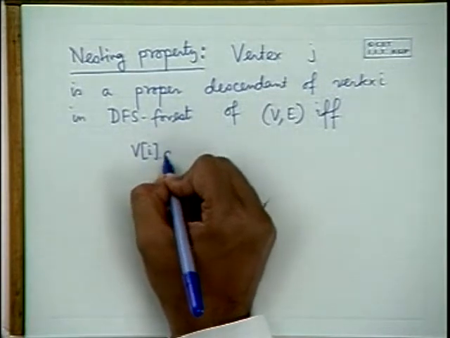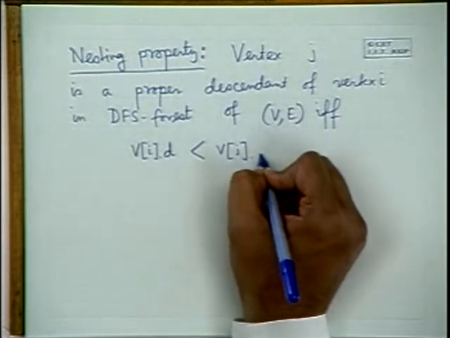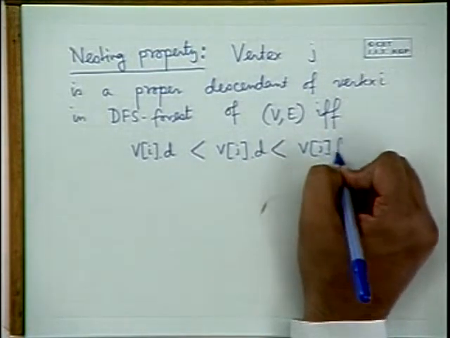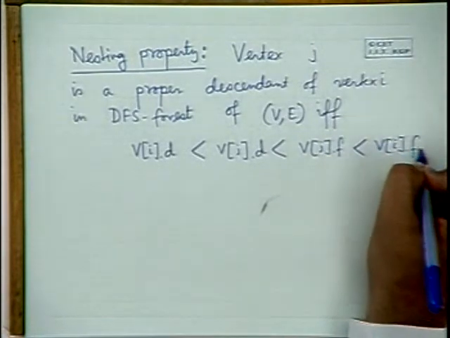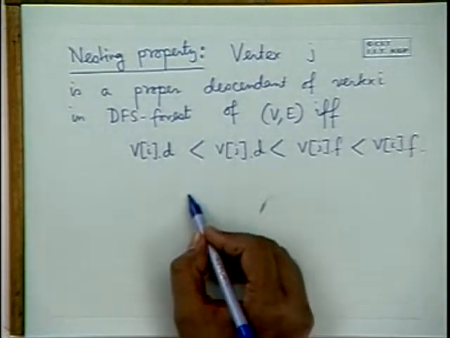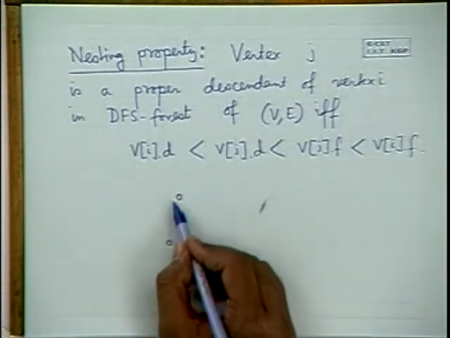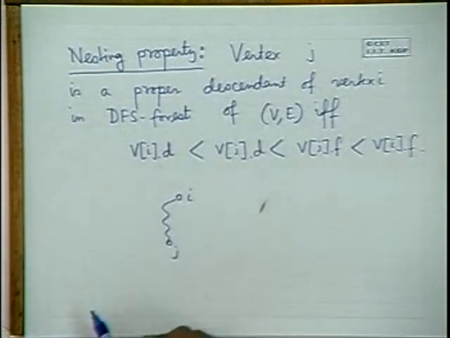Vi dot d is less than Vj dot d less than Vj dot f less than Vi dot f. So what is the picture? Vertex j is a descendant. So here is i and somewhere, so there is a path basically. So this is i, this is j.